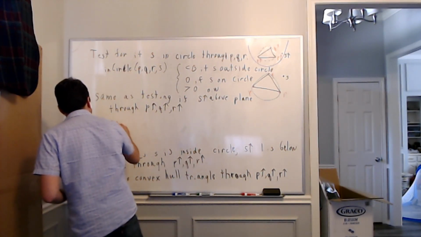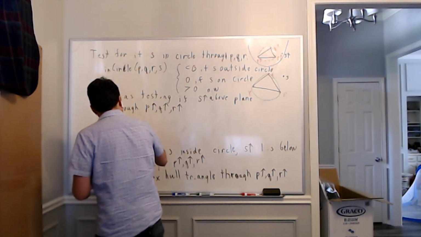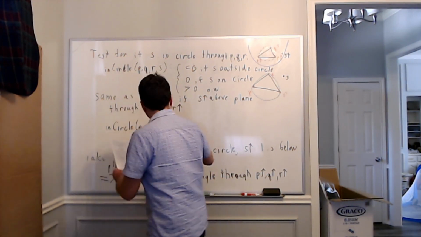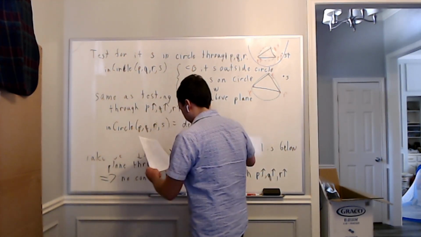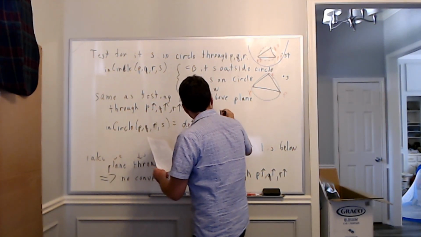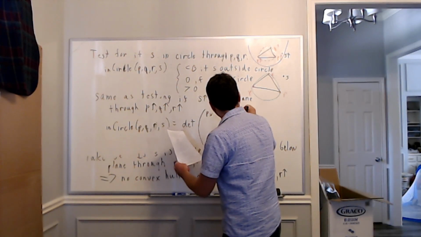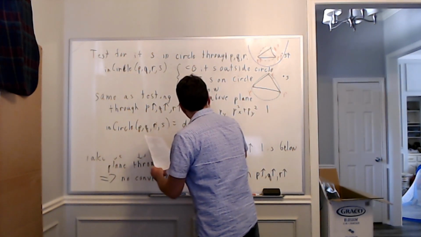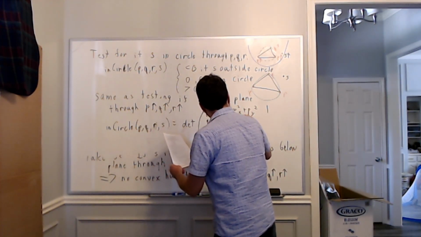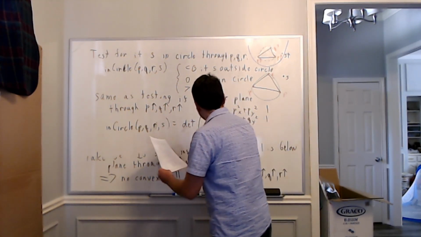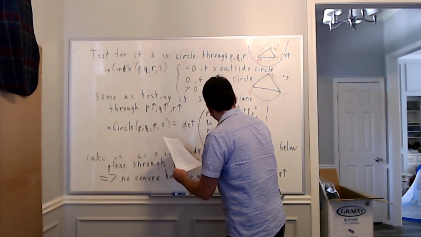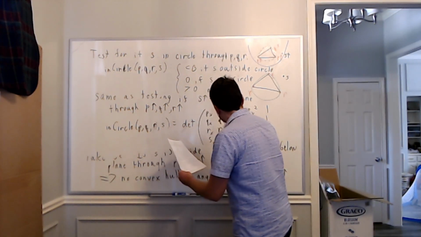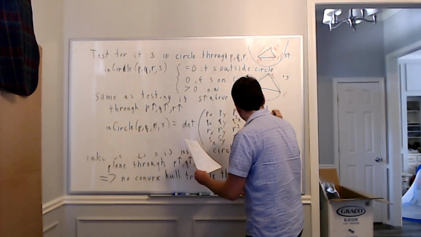So in circle P, Q, R, and S can be defined as the determinant of Px, Py, Px squared plus Py squared, 1; Qx, Qy, Qx squared plus Qy squared, 1; Rx, Ry, Rx squared plus Ry squared, 1; Sx, Sy, Sx squared plus Sy squared, 1.